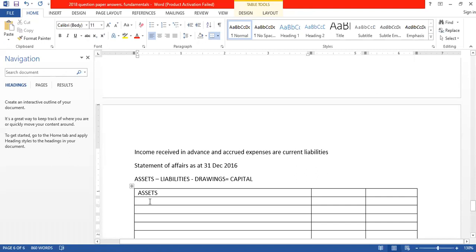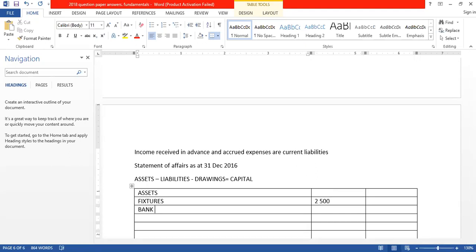What assets did we have in 2016? Remember, we are only using information of 2016. We start off with our fixtures and fittings first, and our fixtures were 2,500. So we move on to our current assets, and the first one was bank.